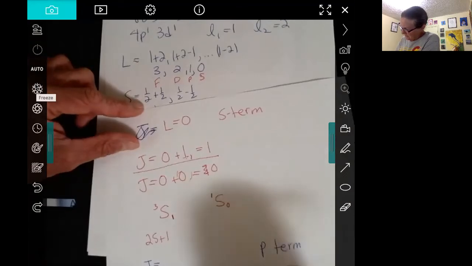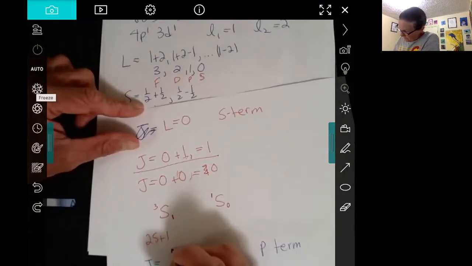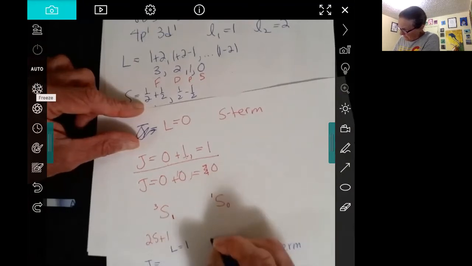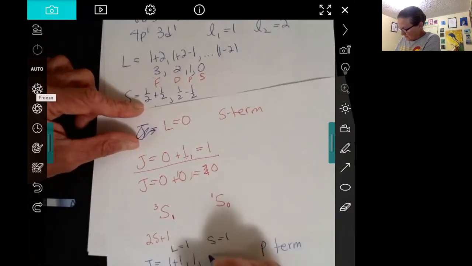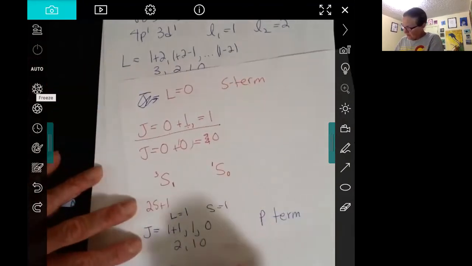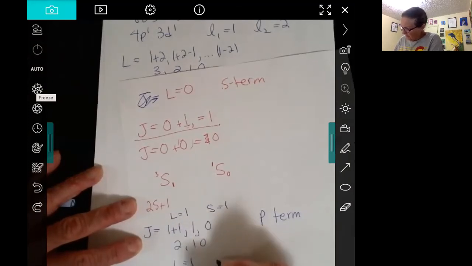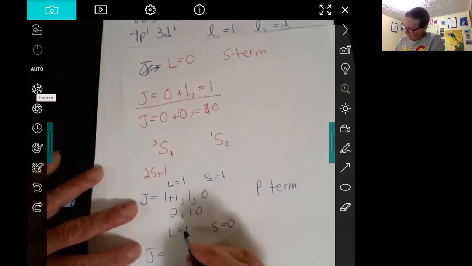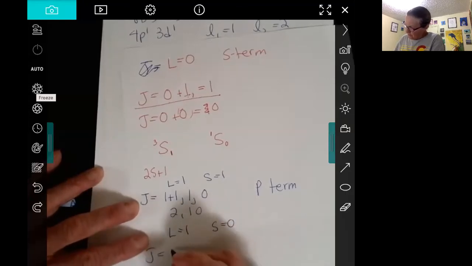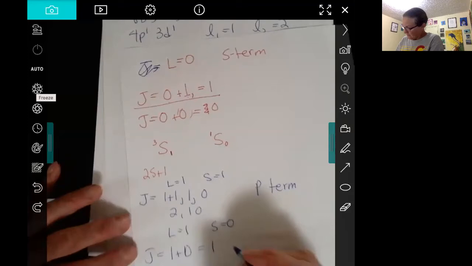So I can couple L equals 1 and S equals 1. And when I do that, I get 1 plus 1, so I get 2, 1, and 0. And then when I couple L equals 1 with S equals 0, I get a J of 1 plus 0, which is just 1.